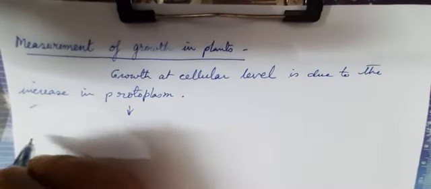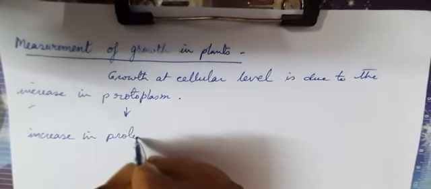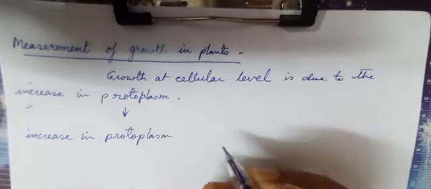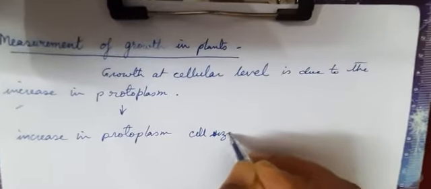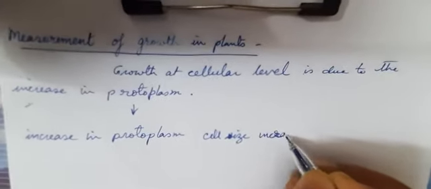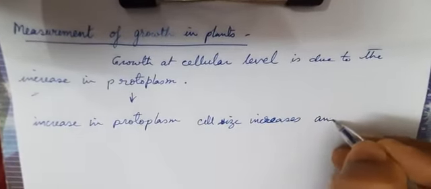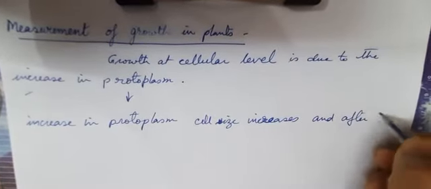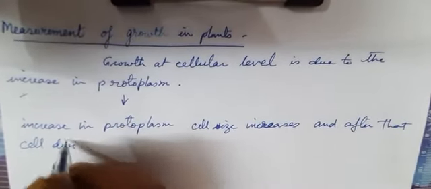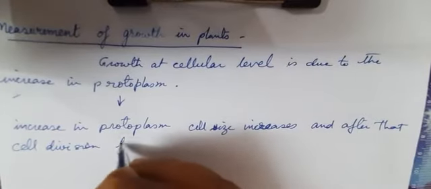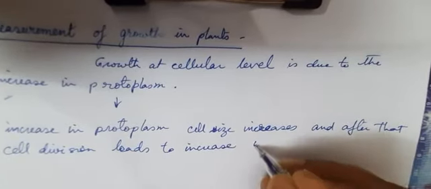Then, due to this increase in protoplasm, cell size increases and after that cell division leads to increase in cell number.